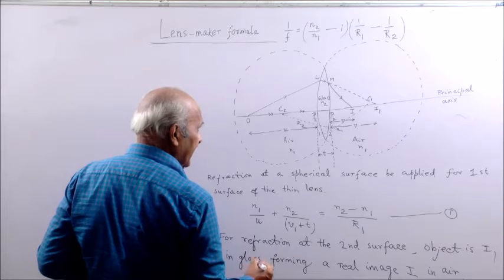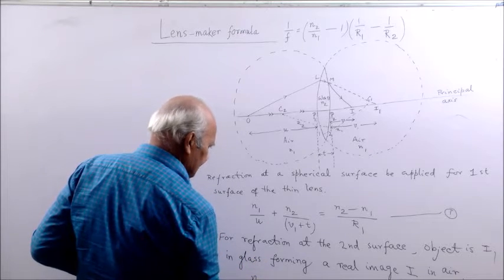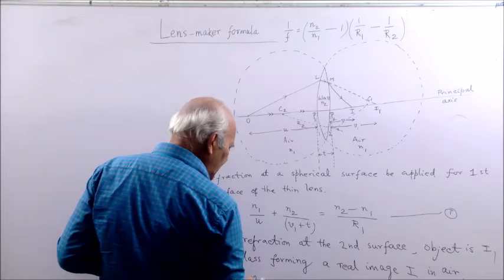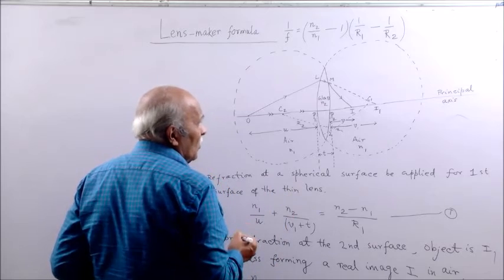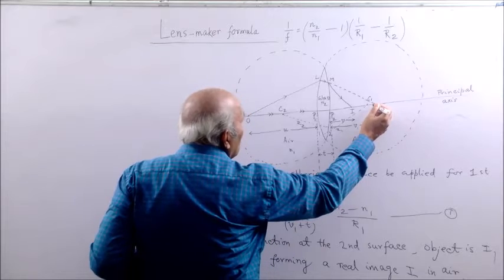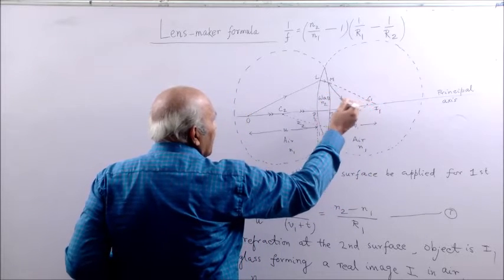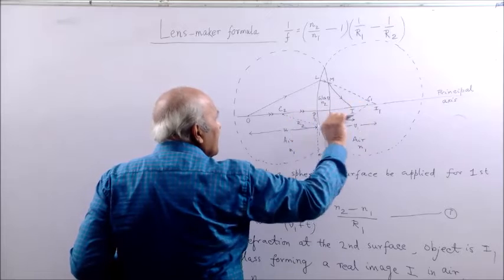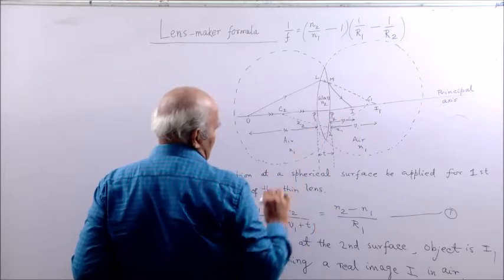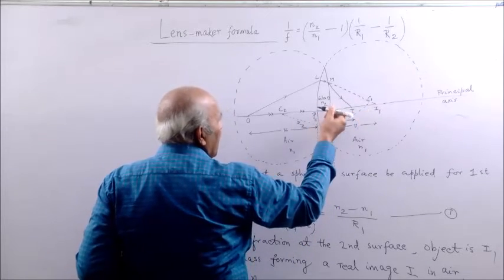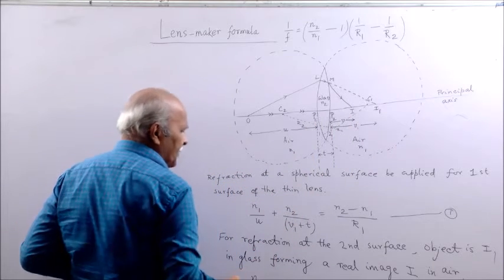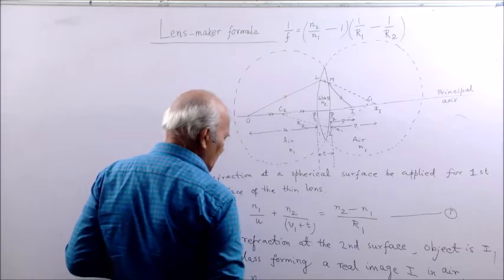So N2 by v1, and this v1 is now to be taken as negative, because the rays travel from I1 to the second surface and you are measuring from pole P2 to I1. So the directions are opposite, one is from right to left, another is from left to right. That is why a negative sign is associated with this one.